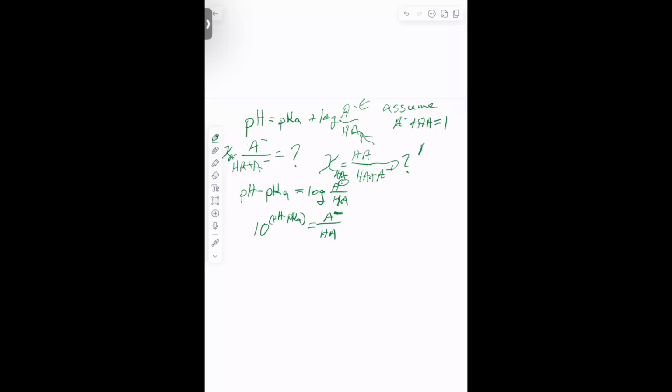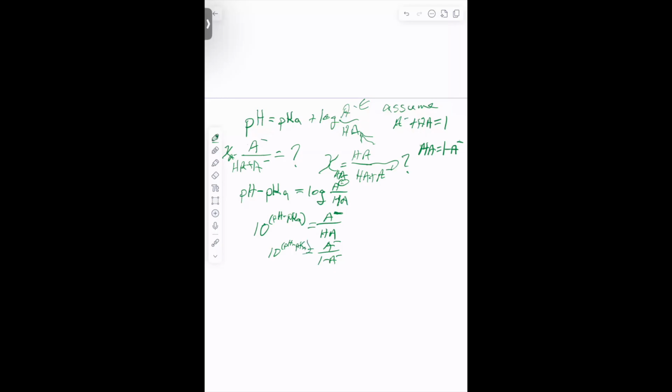I know that HA is equal to 1 minus A minus, so I can substitute in for HA. So A minus over 1 minus A minus is equal to 10 to the pH minus the pKa.